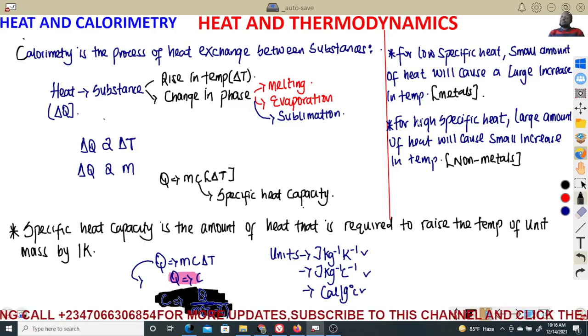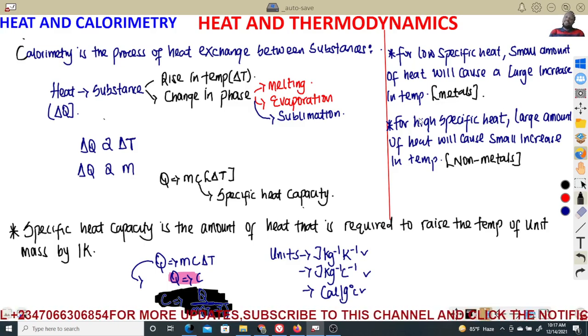So when there's a low specific heat, you expect the quantity of heat to be small, and there will be a very large increase in temperature. When there is high specific heat, you expect a large amount of heat to be supplied, or you expect the change in temperature to be very, very low. These are non-numerical questions that come in the exam directly. You can just understand from the relationship you set on that list.